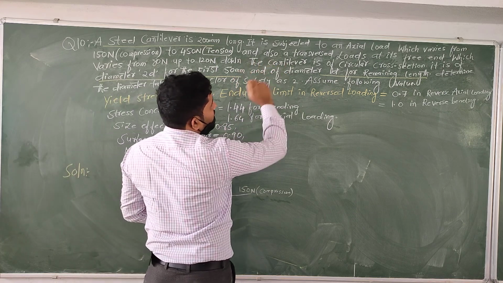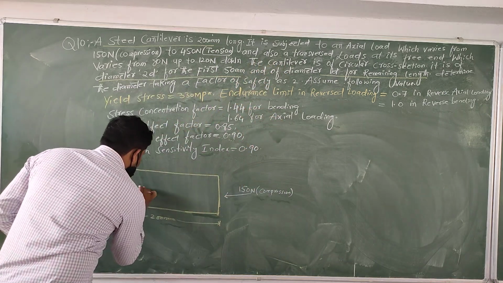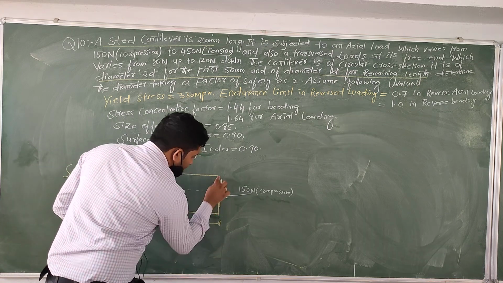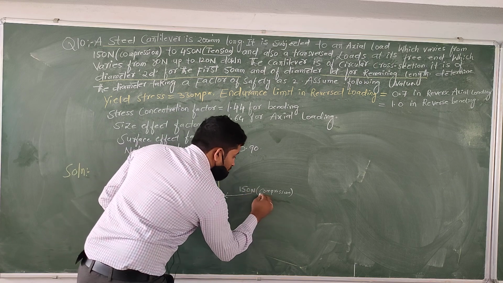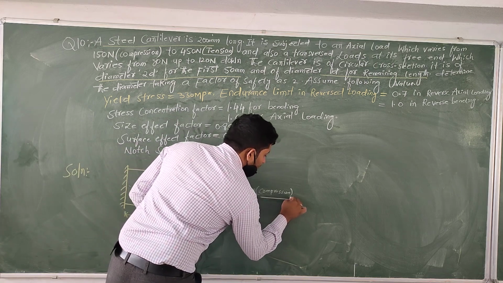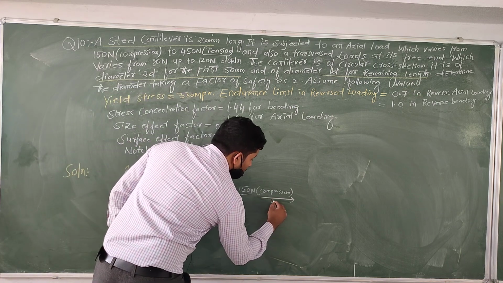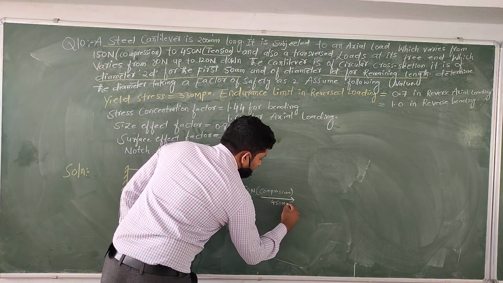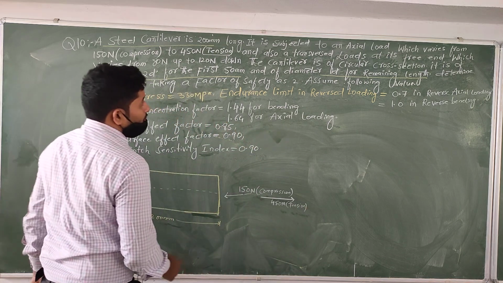Also a transverse load at its free end; this is our free end. From this free end the compressive force is acting, meanwhile the tensile load is acting. How much tensile load? The tension force is 450 Newton.